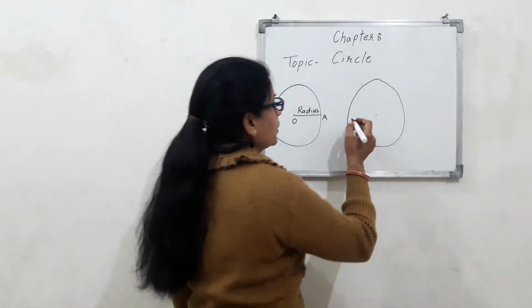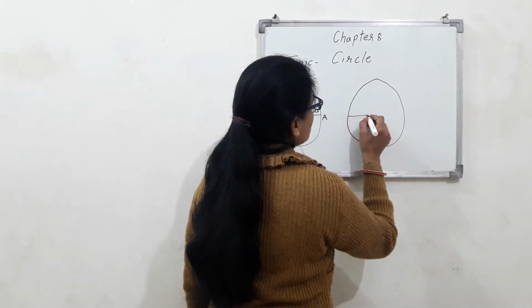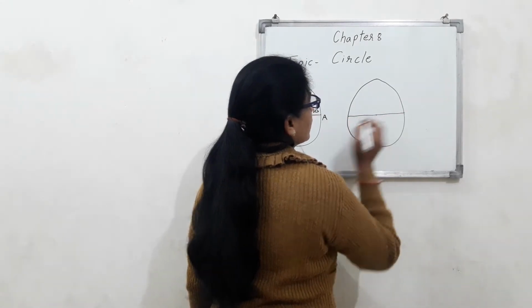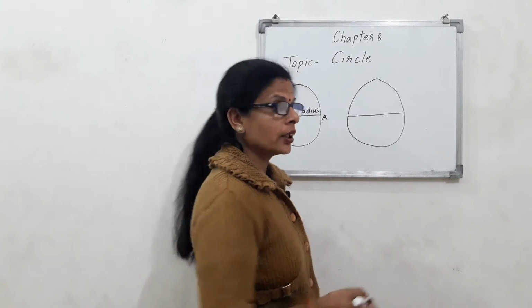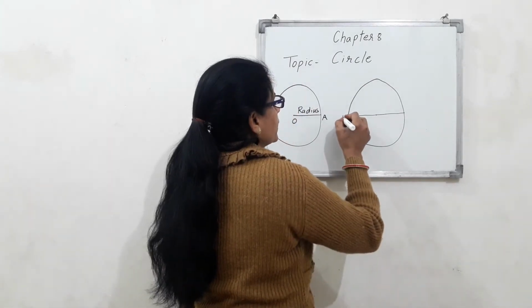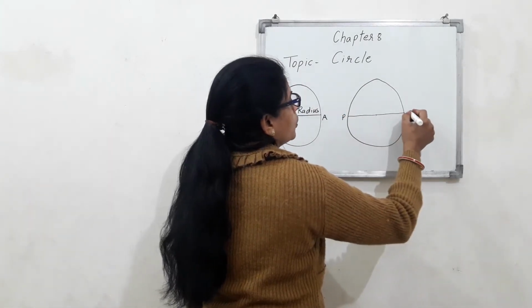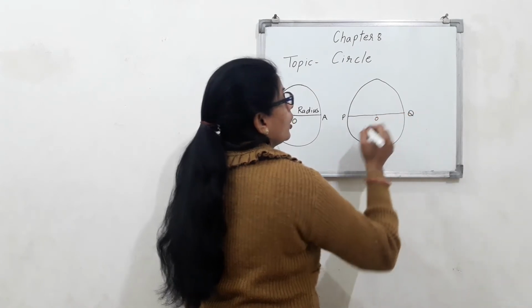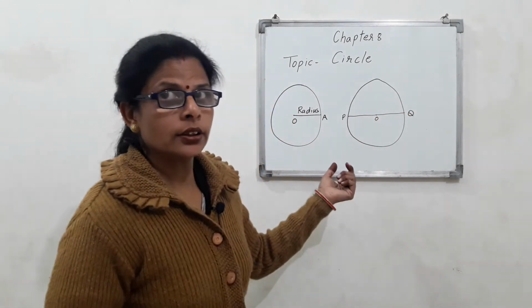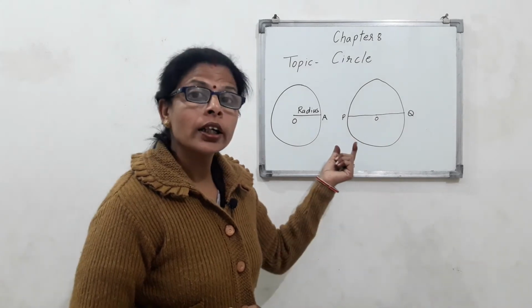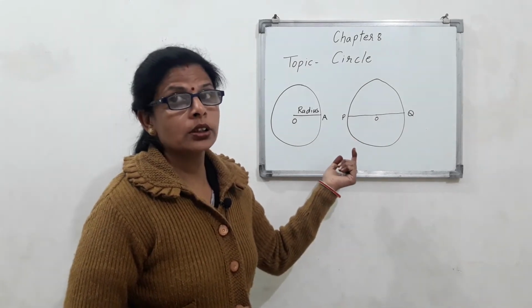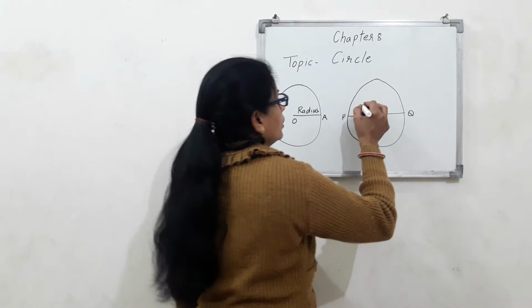This line segment is passing through the center and both the points P and Q are on the circle. So, this is called the diameter.